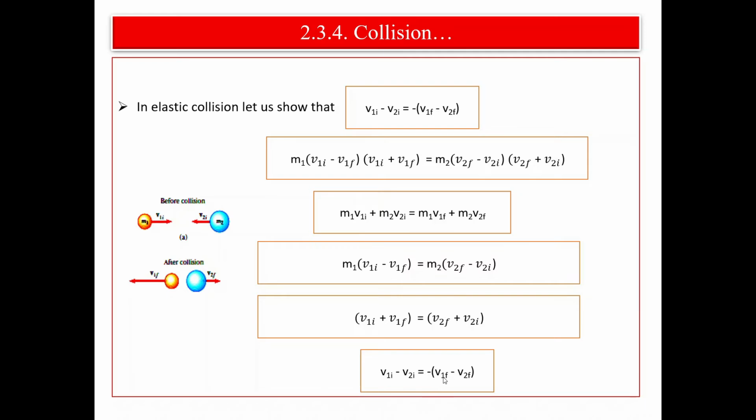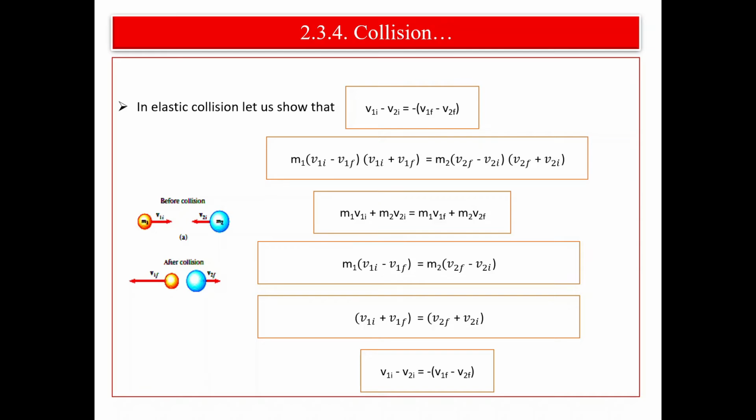So for an elastic collision, we always have v1 initial minus v2 initial equal to minus of the subtraction of v2 final from v1 final.